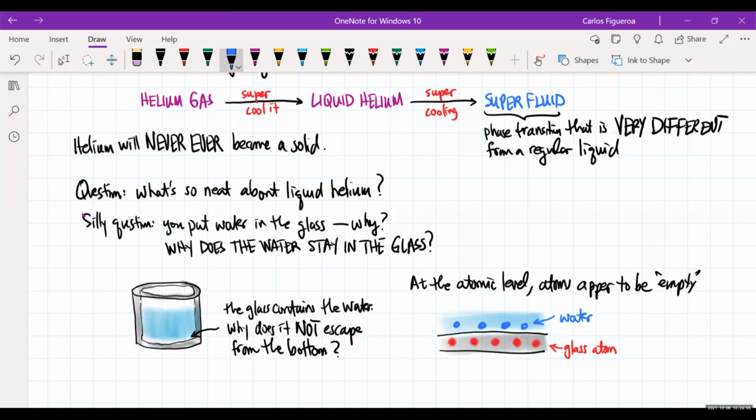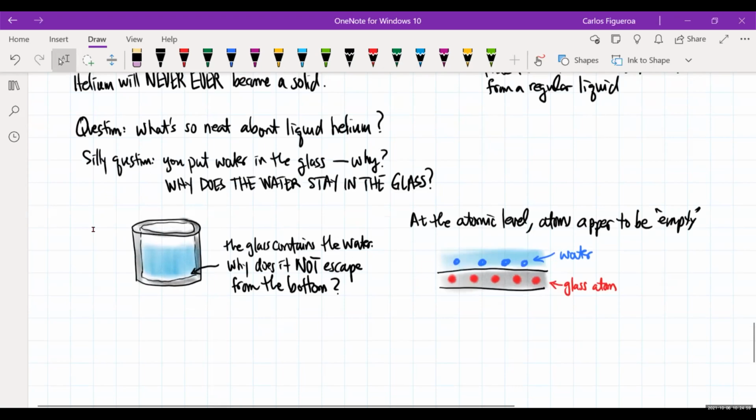So what stops water molecules from going through glass is, how about I say it slightly differently?